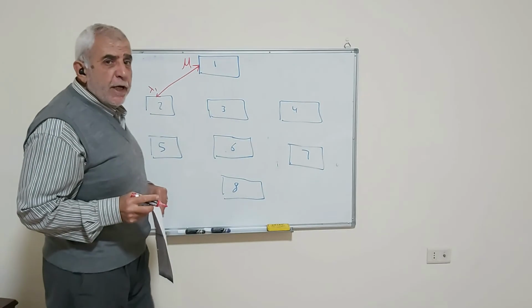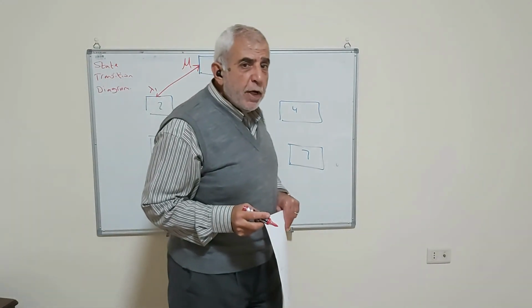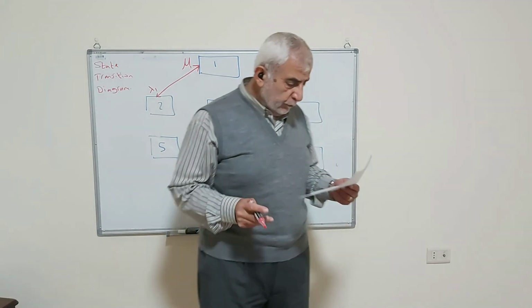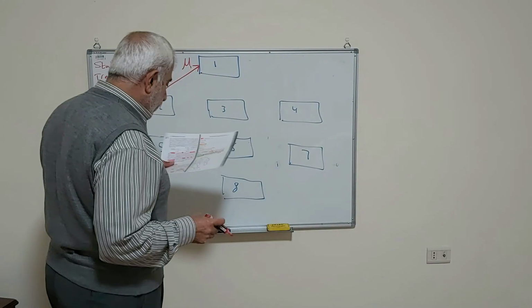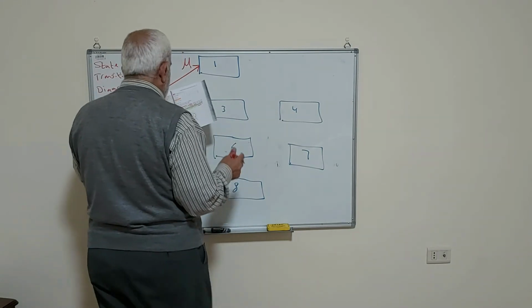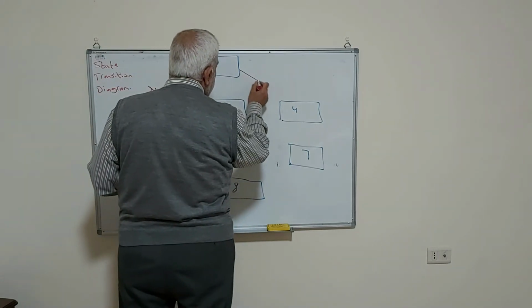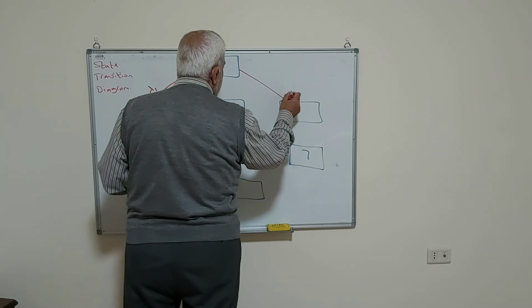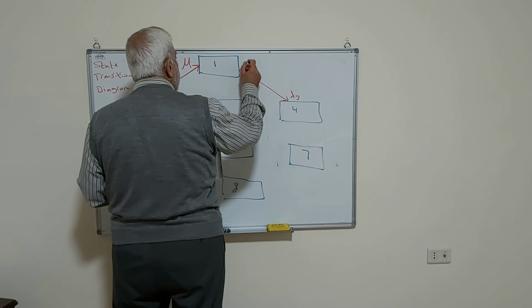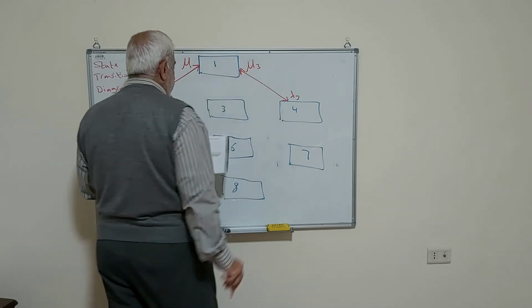Please differentiate between mu for the repair rate and u for the unavailability of the unit. By a similar approach, I can move from state 1 to state 4 by the failure of unit 3. Therefore I have here lambda 3. I can go back by the repair rate mu 3.